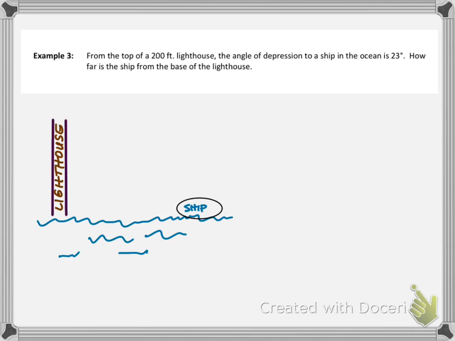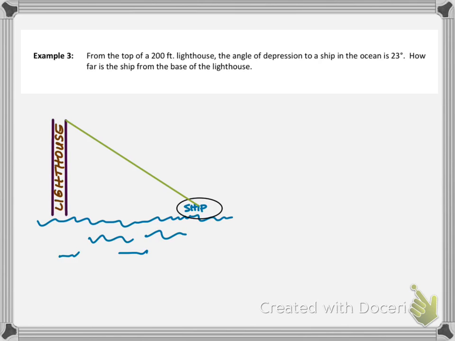And what has happened is that we have spotted this ship out there from the top of the lighthouse. And they have told us that the angle of depression of viewing this ship is going to be 23 degrees.